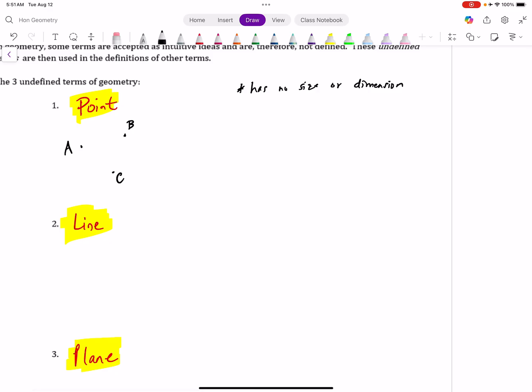Okay? It represents the simplest geometric concept. It's a location in space, so it's going to indicate position.